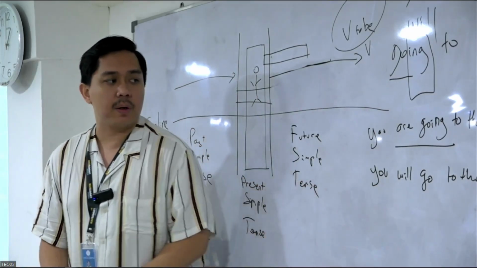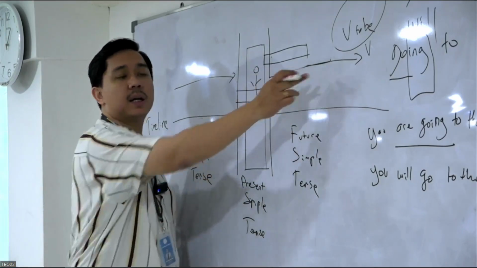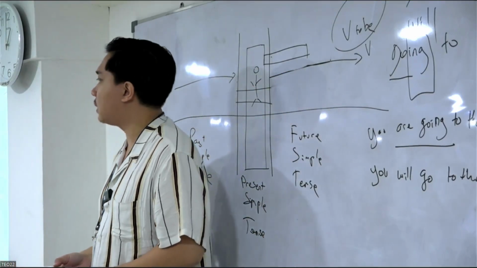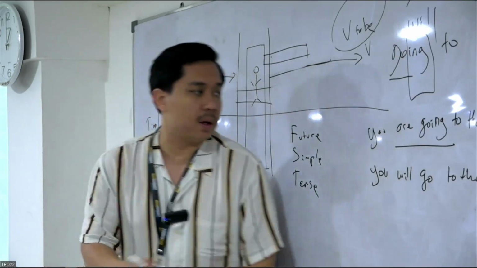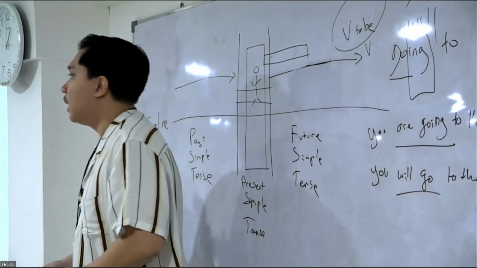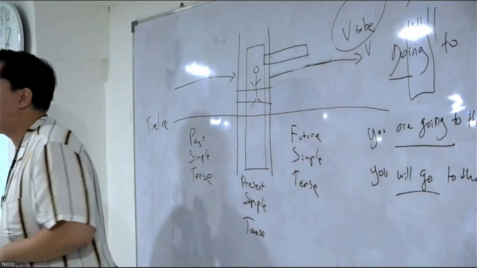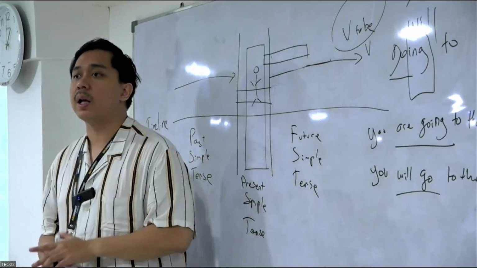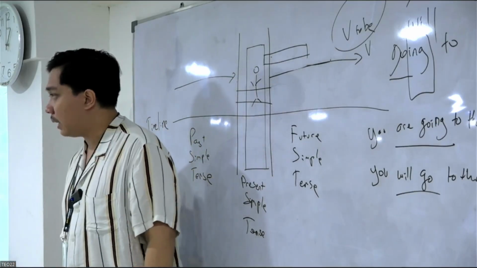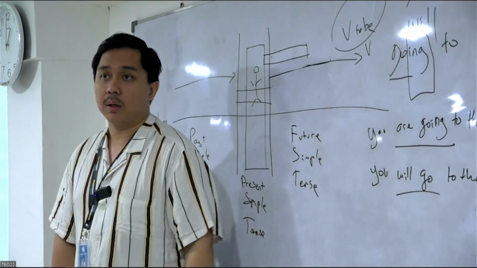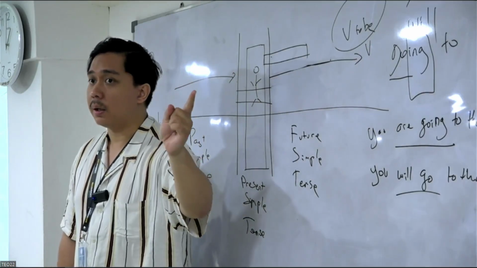But when you say you will go to the mall, then it's happening here. There is no present activity of it. The subtext is a description telling you that you will go to the mall. And I don't care how you get to the mall, but you will be at the mall. You'll be there.